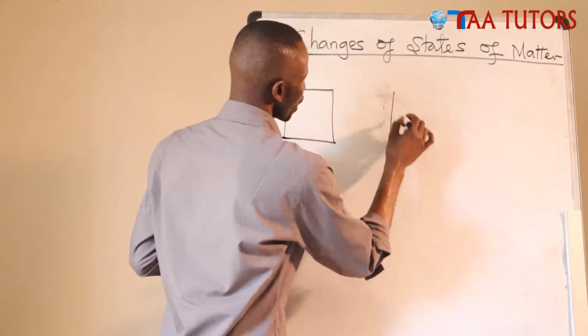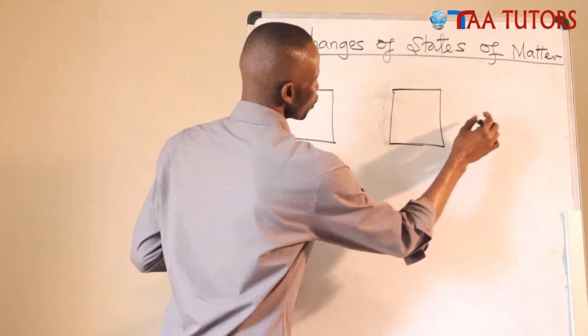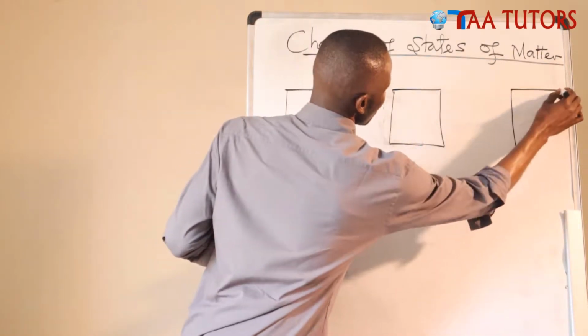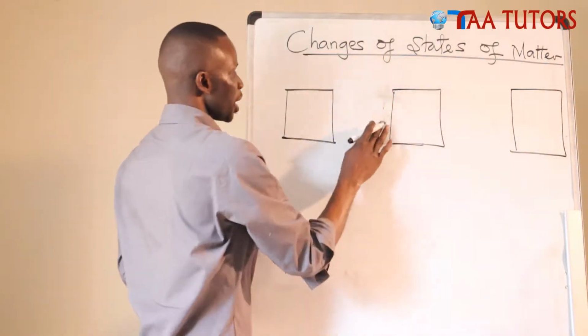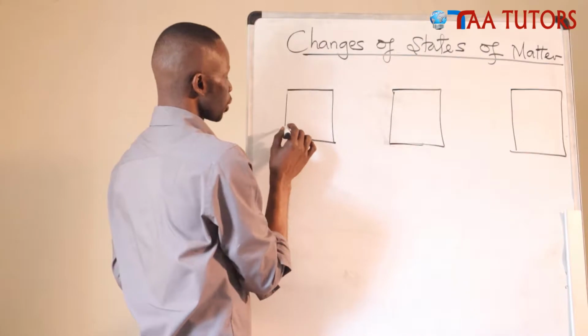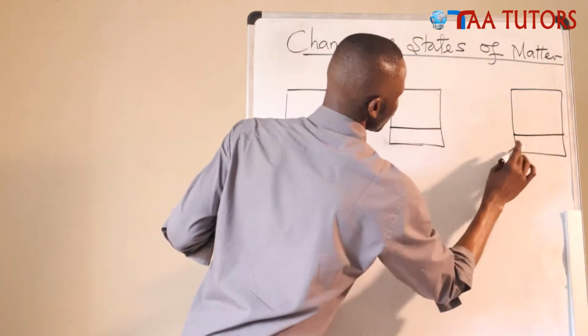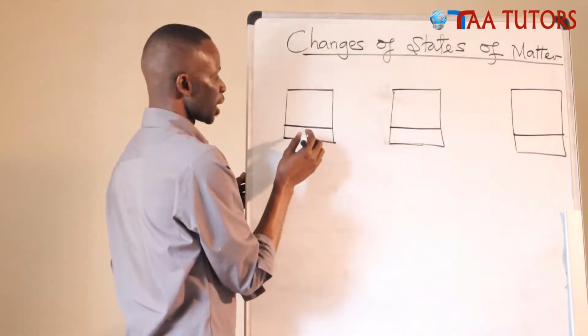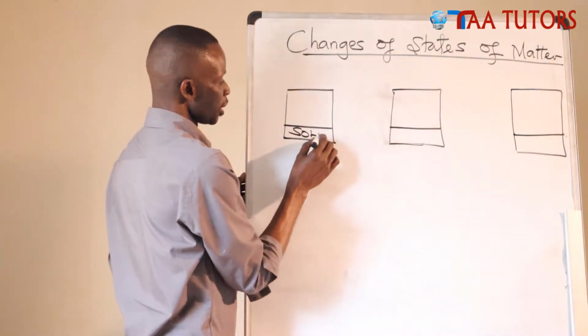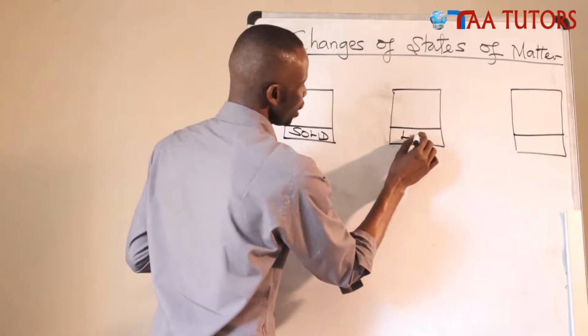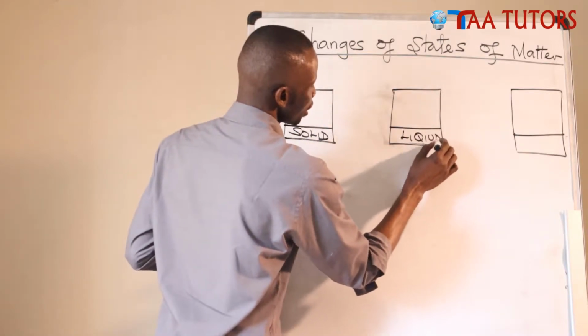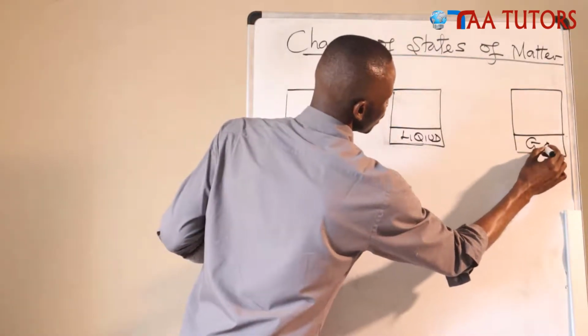I'm not drawing them to scale, but they are very important if you are going to understand this particular point. These three states of matter, I want to call the first solid, the second liquid, and the third gas. So this one is solid state, this will be liquid state, and this will be gas state.